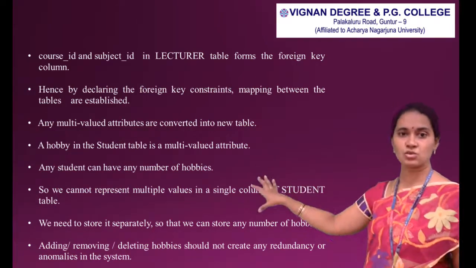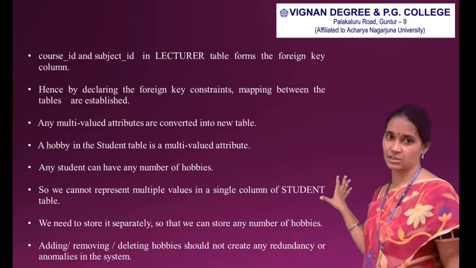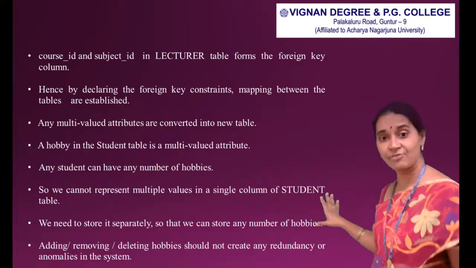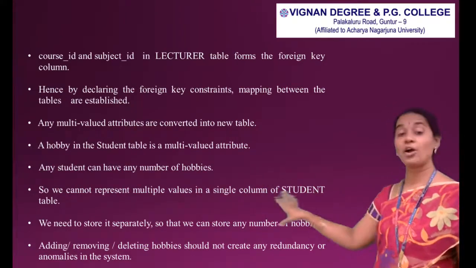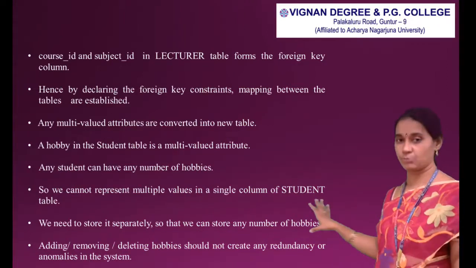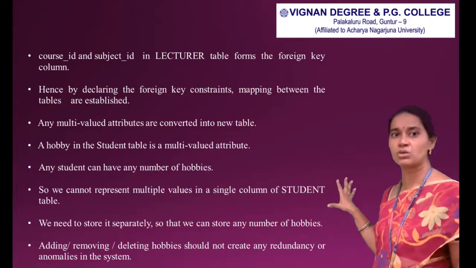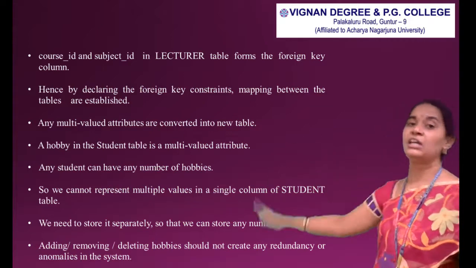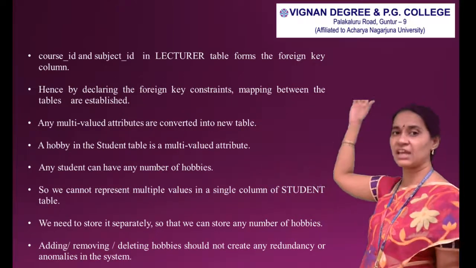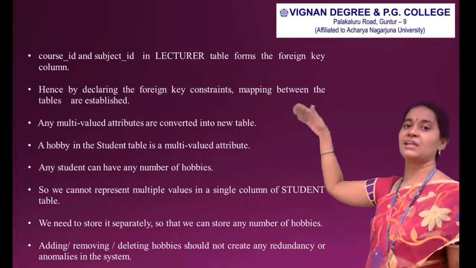A hobby in the student table is a multi-valued attribute. Any student can have a number of hobbies. So we cannot represent that multi-valued attribute in the student table. So what should I do? I need to put it separately in another way.